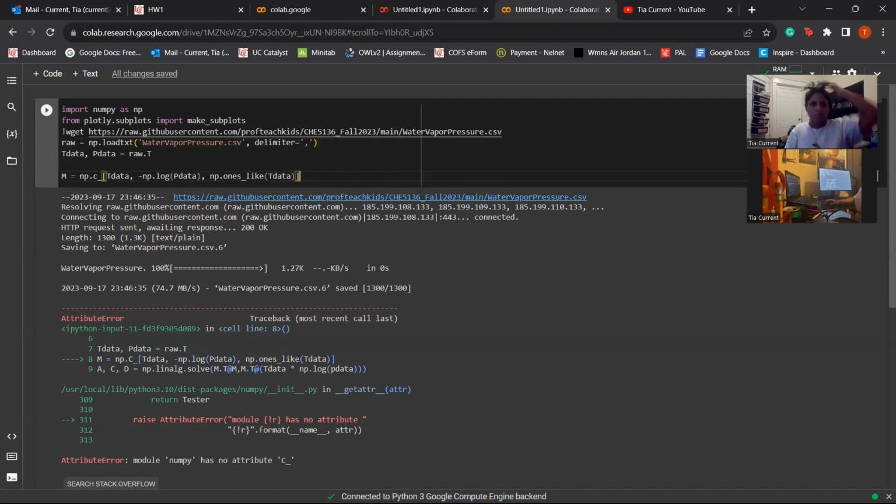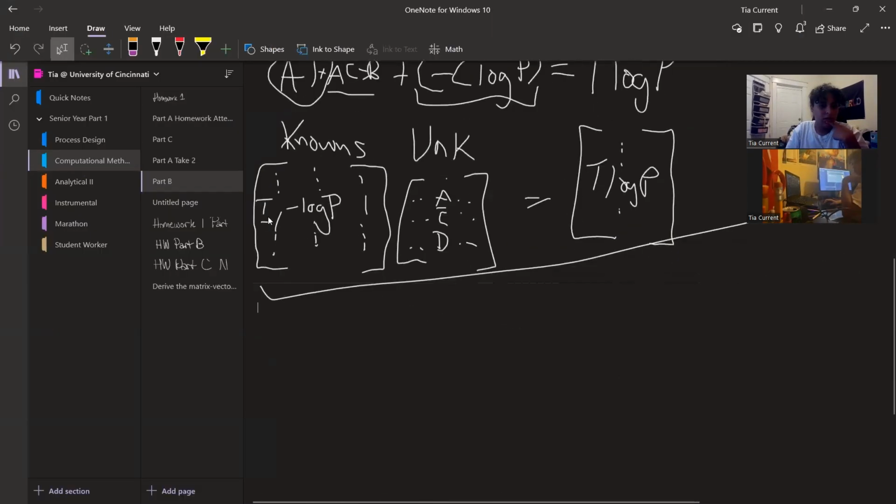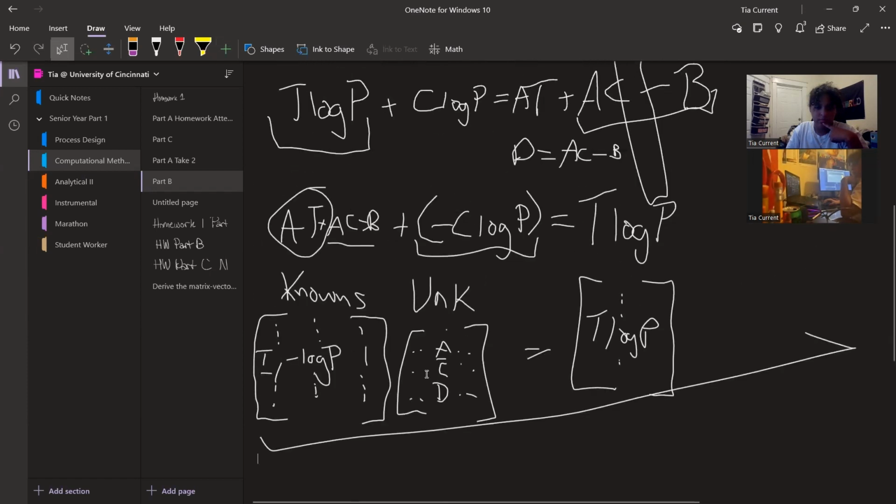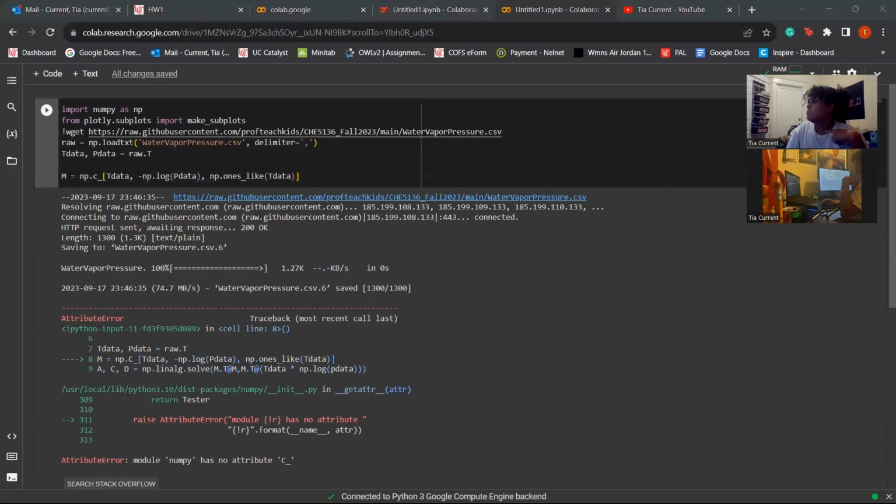And those things come from in here: you have your t, and then your negative log p, and then your ones. So your t, negative log p, and then your ones for your A, C, B, for D.